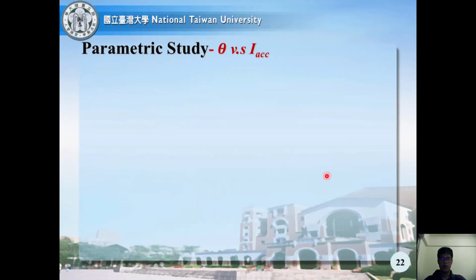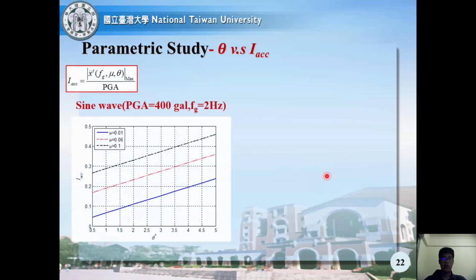Here I'm going to talk about the relationship between the inclination angle theta and the acceleration response. In order to ensure the system works under the earthquake, theta varies from 0.5 to 5 degrees, with 3 different friction coefficients. The PGA goal was set as 400 gal, and the ground motion frequency is equal to 2 Hz.